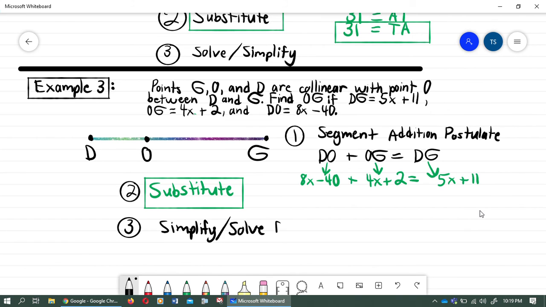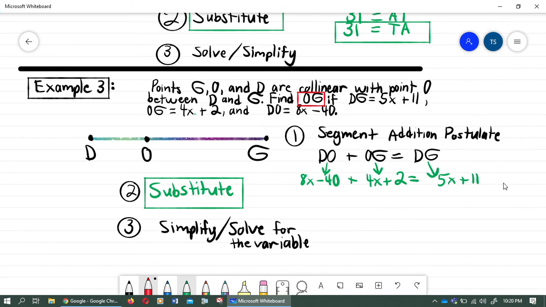Because if we've got algebraic expressions, first you're going to have to solve for the variable. After you solve for the variable, you're going to have to actually plug in that value of the variable. But again, we'll do that after we solve for the variable. Remember that they are literally asking you to find OG. They're not asking you to find X, even though we have to find X.